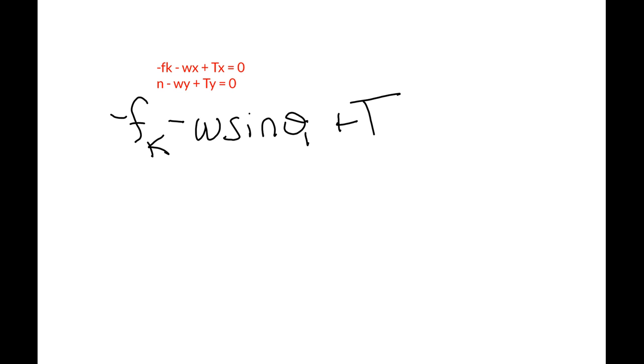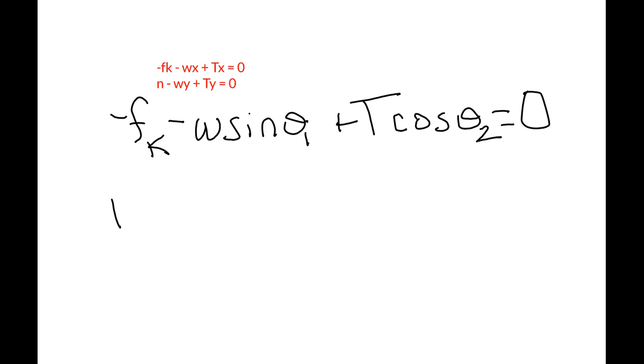Here are the equations that we determined from using Newton's second law in our free body diagram. Let's go ahead and substitute in what we know are the x and y components of the weight and the x and y components of the tension. In that first equation, we have the negative frictional force minus the weight times the sine of theta 1, that 11 degrees, plus the tension times the cosine of theta 2, that 40 degrees.